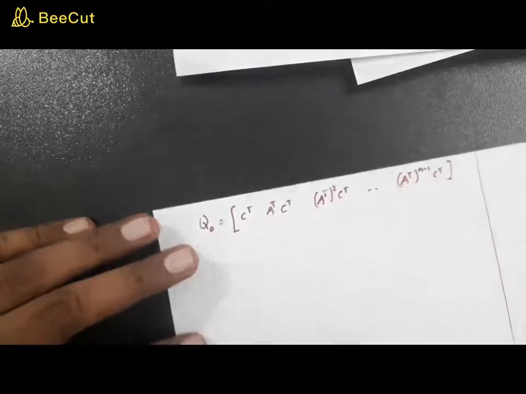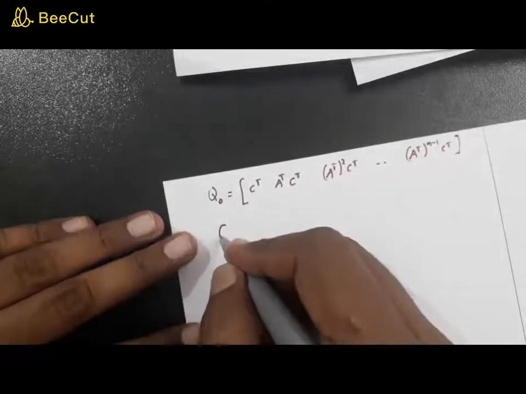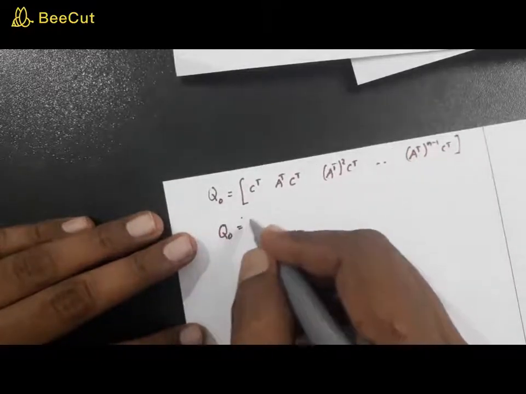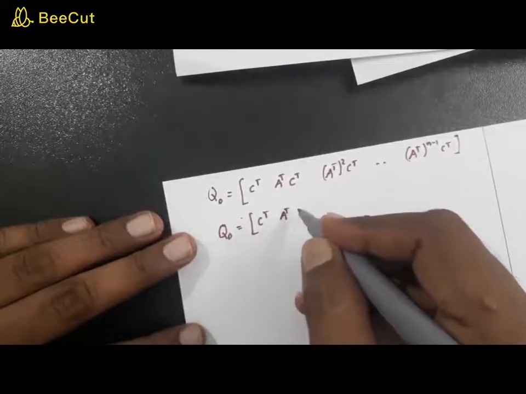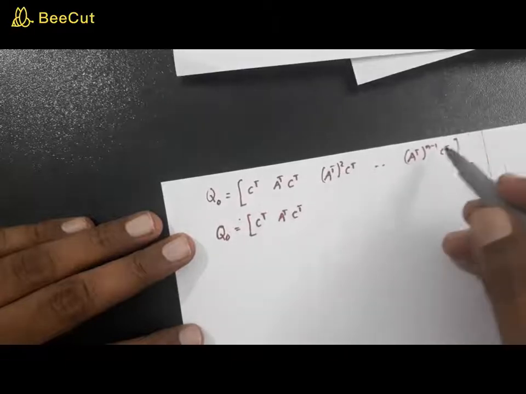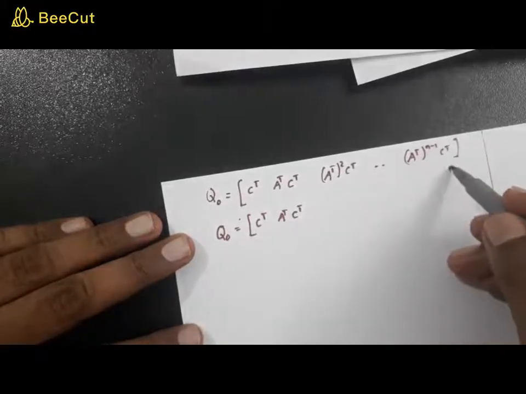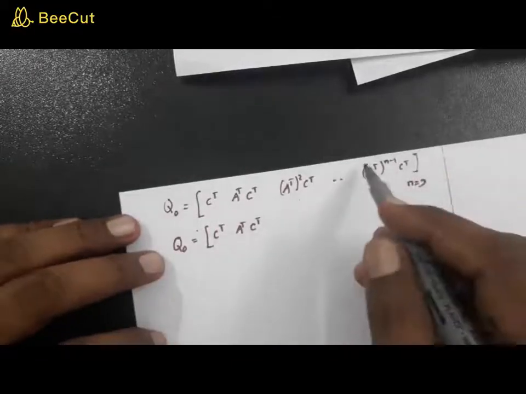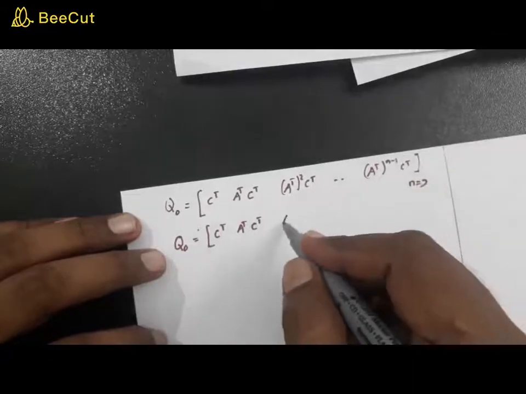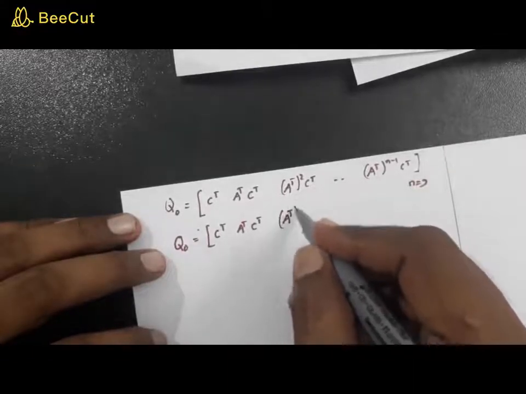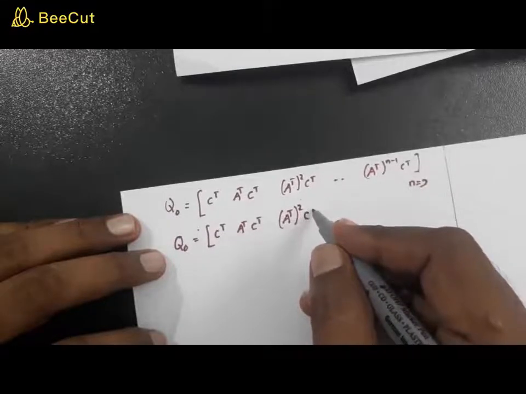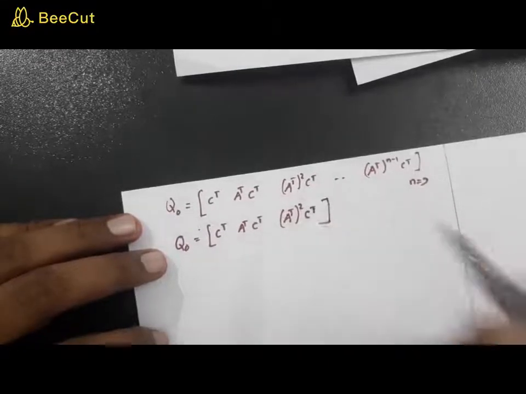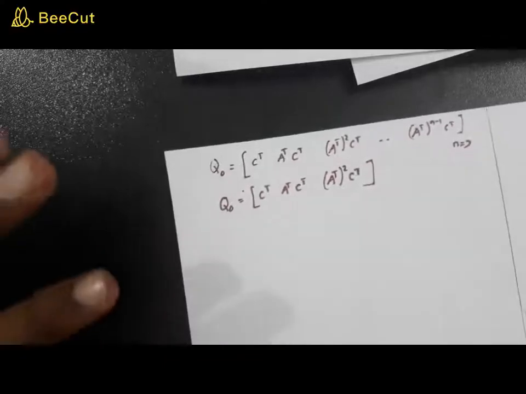Now, here in this problem, Q0 is C transpose, A transpose C transpose, up to n minus 1, which, with n equal to 3, is 2. That means you need to have A transpose square into C transpose.